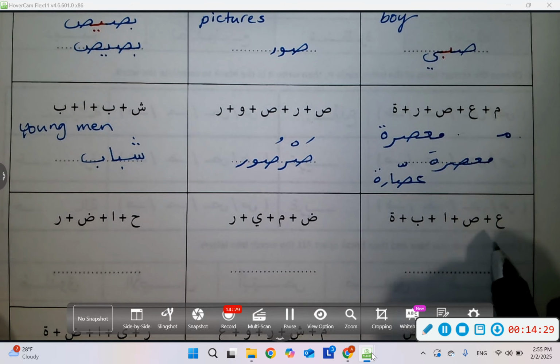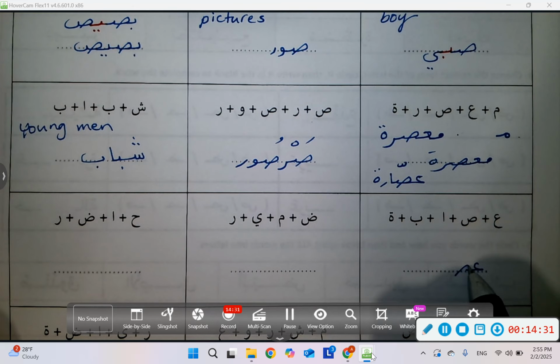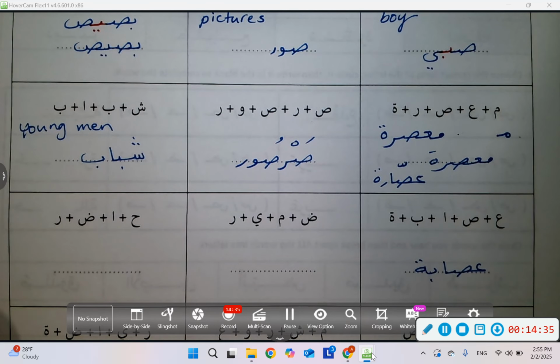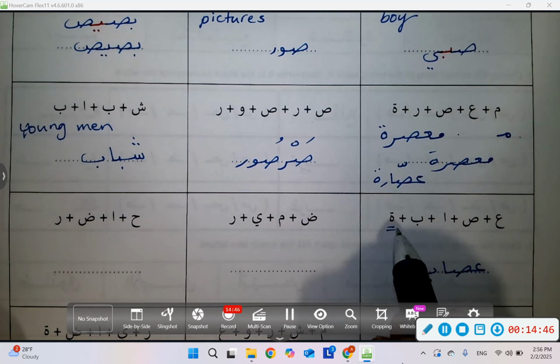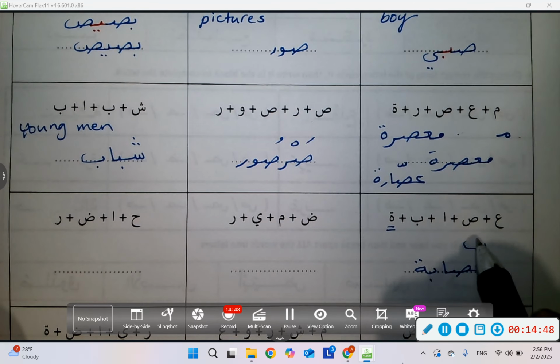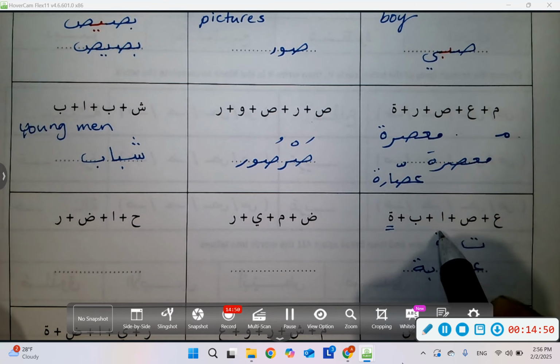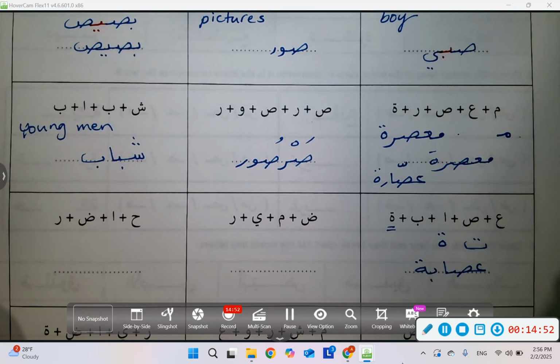عصابة, ain, sad, alif, ba, ta marbuta. And as we said before, ta marbuta is just a regular ta. Just for some reason that we're going to study later on, instead of writing it open, we close it. And then it comes only at the end of the word.